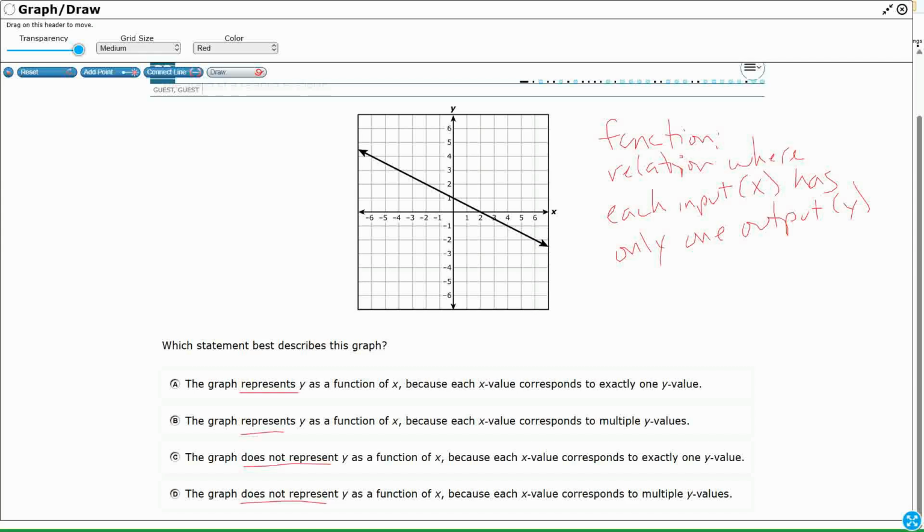And so I'm going to take a few points here, and let's say this. I've got negative 6, 4. If I were to look at negative 6, could I find another y value that equals negative 6? No, only just that 4. That negative 4, 3. If I were to look at negative 4, could I find any other y value than 3?